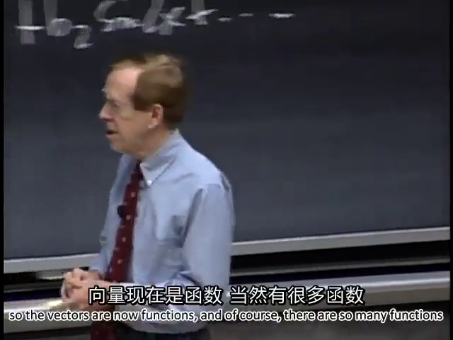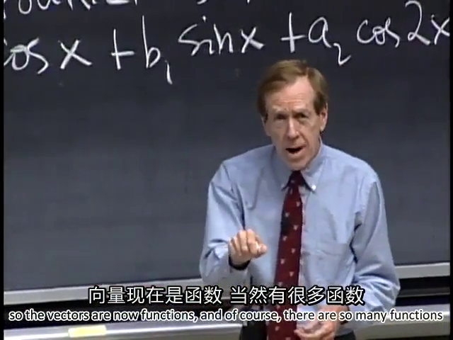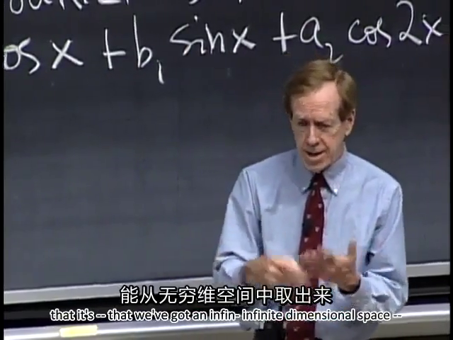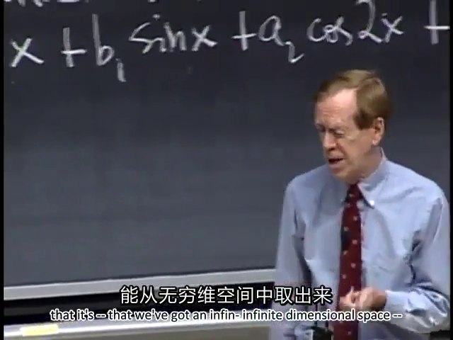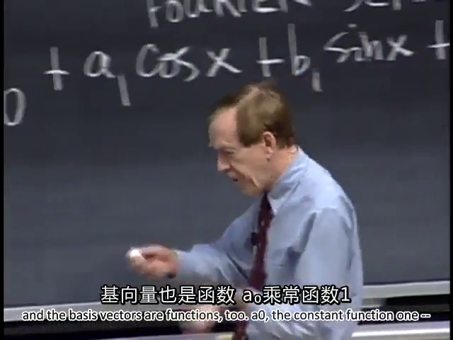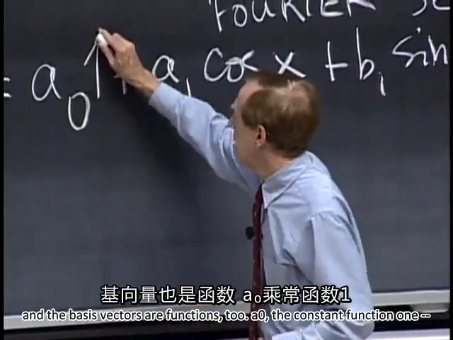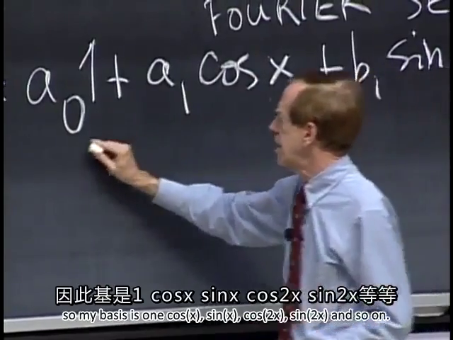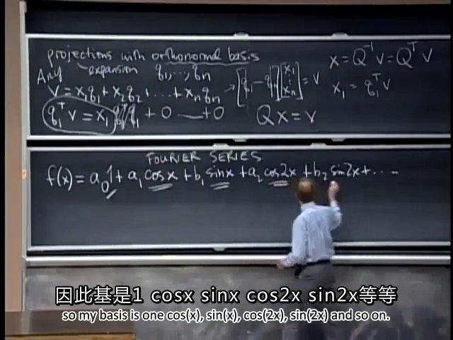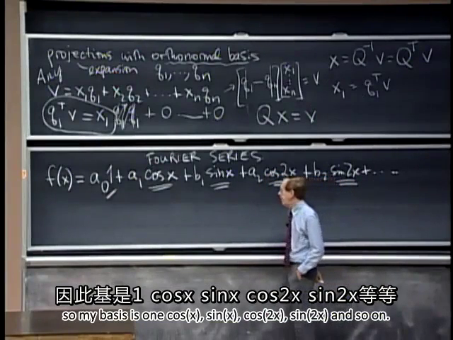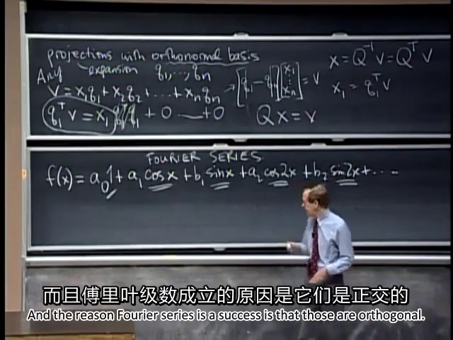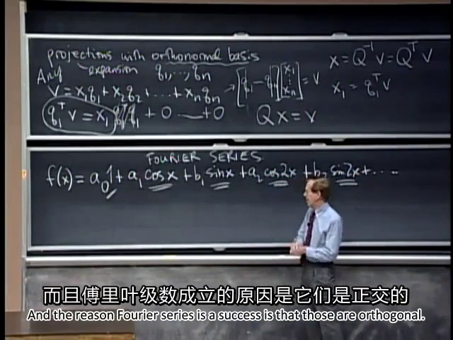And our basis, so the vectors are now functions. And of course, there are so many functions that we've got an infinite dimensional space. And the basis vectors are functions too. A naught, the constant function 1. So my basis is 1, cos x, sine x, cos 2x, sine 2x, and so on. And the reason Fourier series is a success is that those are orthogonal.